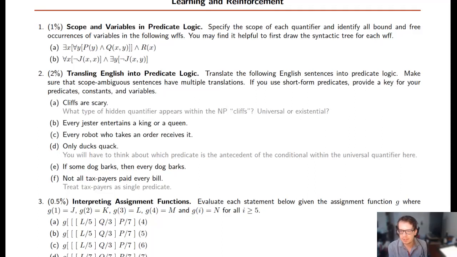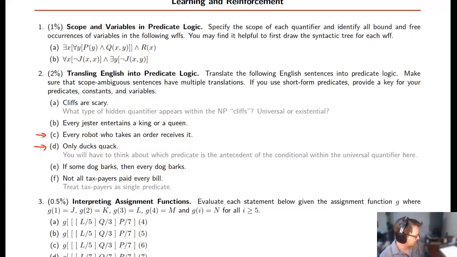So one is just doing the scope and variable that we did in lecture. Two is translating some sentences into predicate logic. I just posted some extra questions last night in the announcement. So by doing those and doing the ones in class, you should be able to do most of these. There might still be a little bit of a challenge thinking about these two.